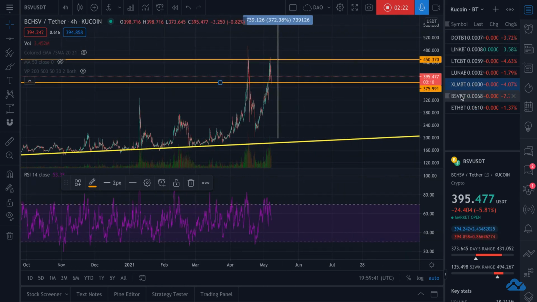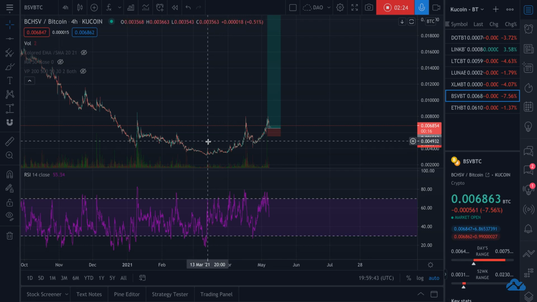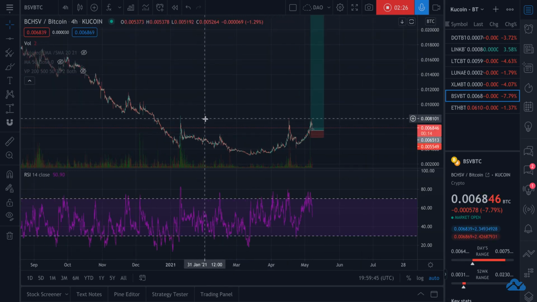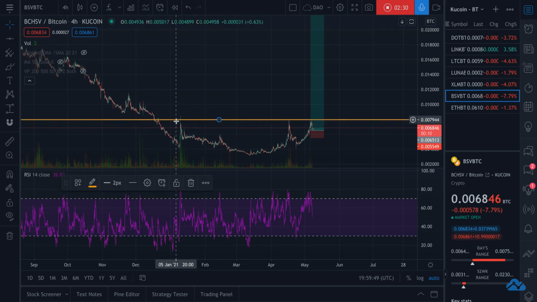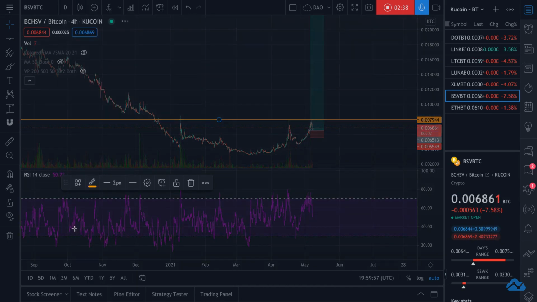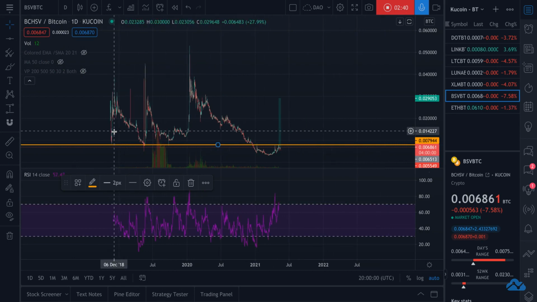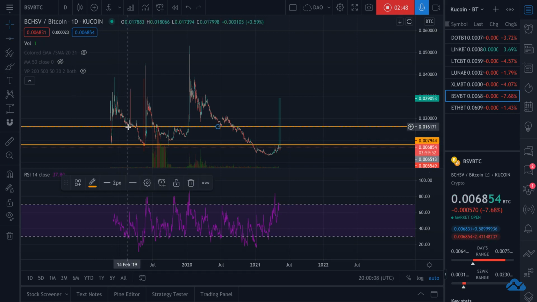So let's see here. Looking at the BTC chart, we notice also a very strong resistance right here at 7,944. Now, what is interesting here is that if we were to reach the next leg of this, I believe that next leg is somewhere in this region here, where it played a support and resistance.